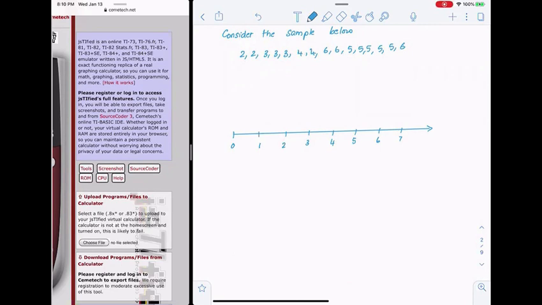So first, we don't have any zeros, we don't have any ones, so we move on to 2s. So we have 2 2s. So I'm going to place 2 dots. And in terms of threes, I have 3 of them.